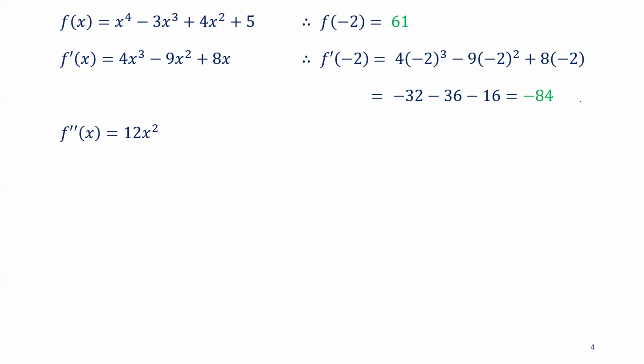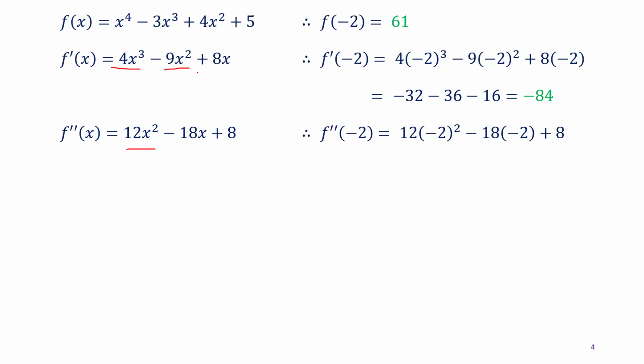Similarly, f double dash of x is equal to derivative of 4x cube, which is 12x square, minus derivative of 9x square, which is 18x, plus derivative of 8x, which is 8.